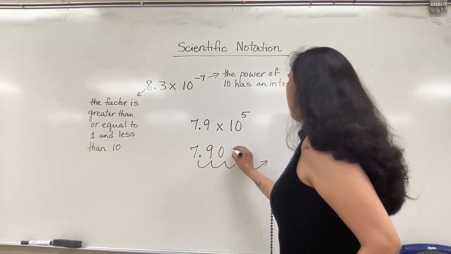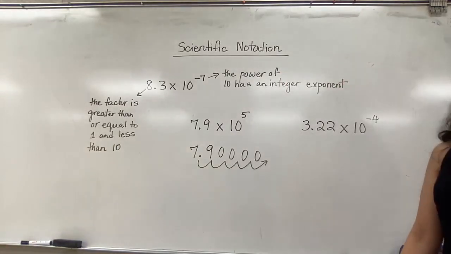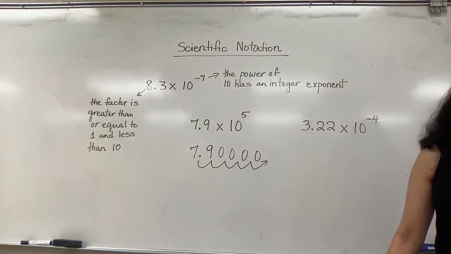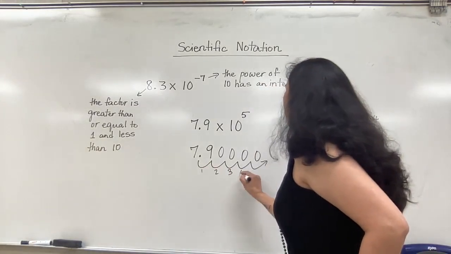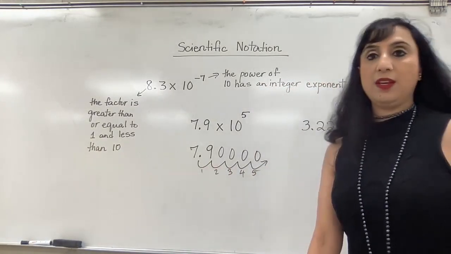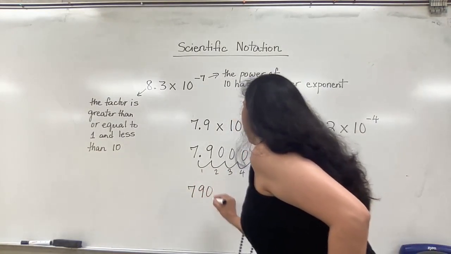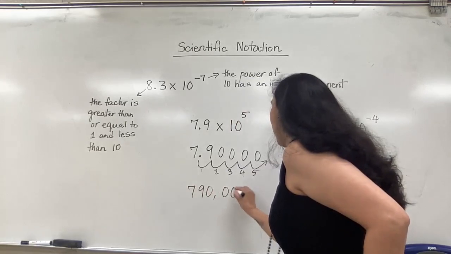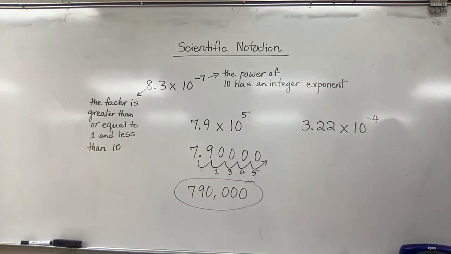So look, I moved 5 places, 2, 3, 4, 5, and so my number is 790,000 in standard form.